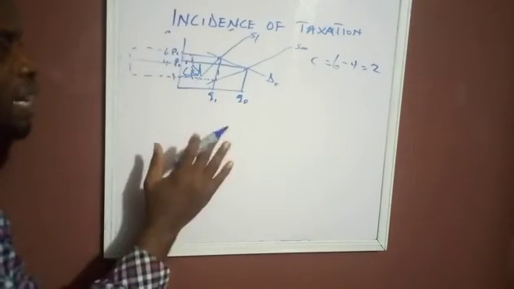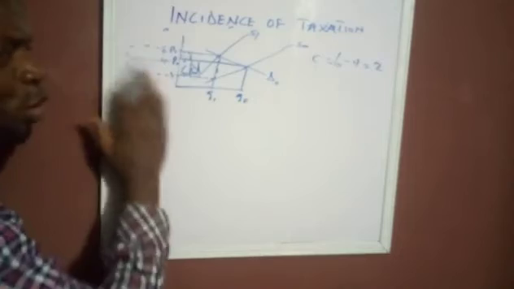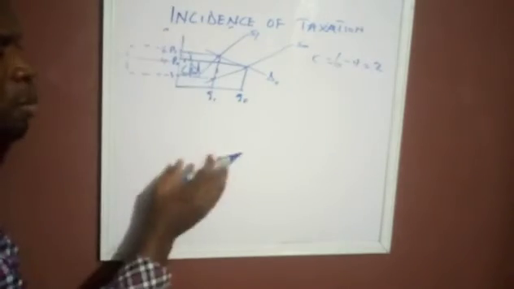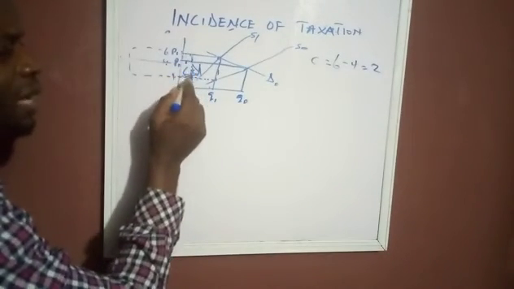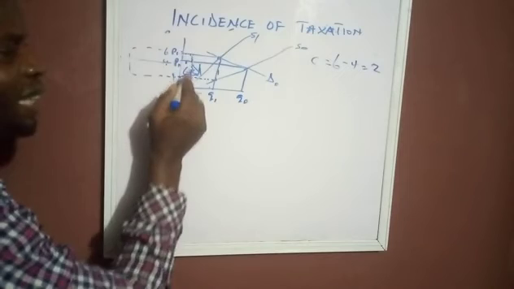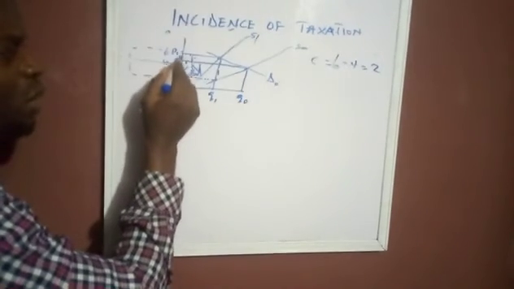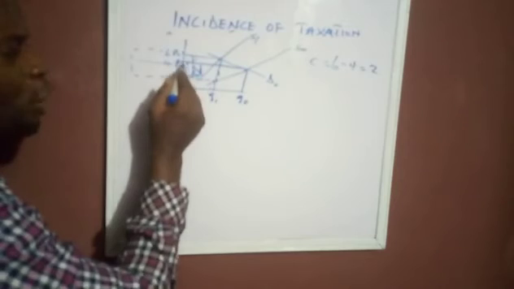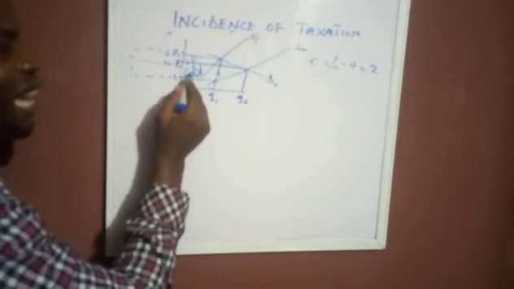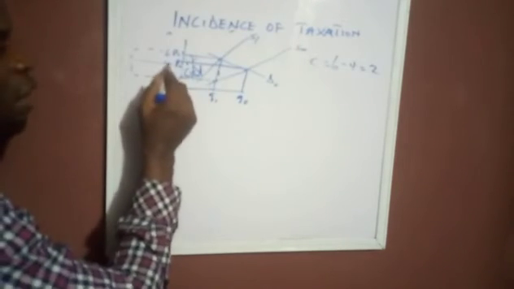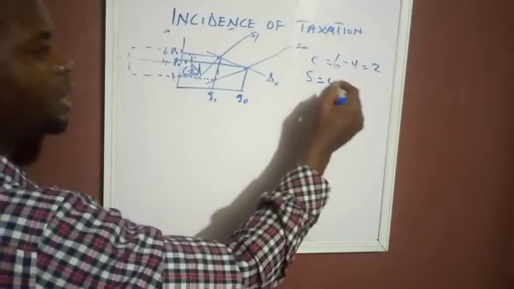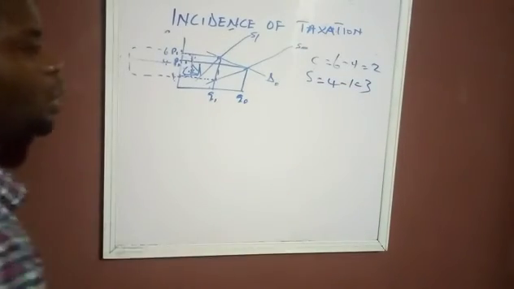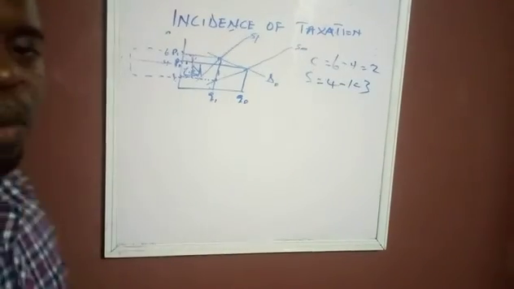Without even attaching a number, you know that the burden here is greater than the burden here. Of course, the upper one is for the consumer, then this one is for the supplier. It means that the supplier pays more here than the consumer. So if we say now 4 and 1, I can say supplier is 4 minus 1, which is going to give us 3.